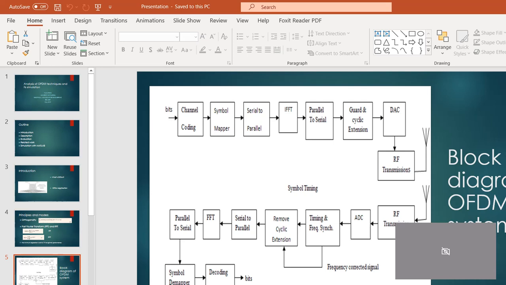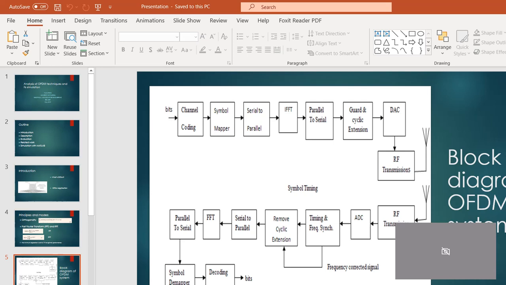After that, we do the IFFT, the inverse Fourier transform, to transform the spectrum to the time domain. Later on, we implement parallel to serial conversion for the ease of transmission through the channel.